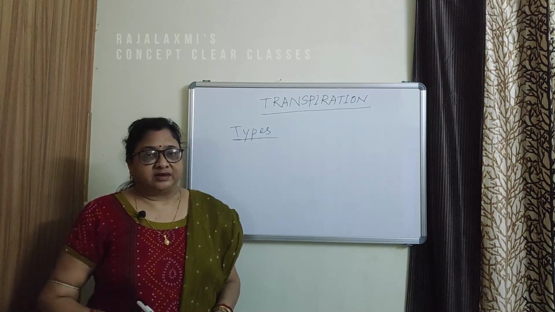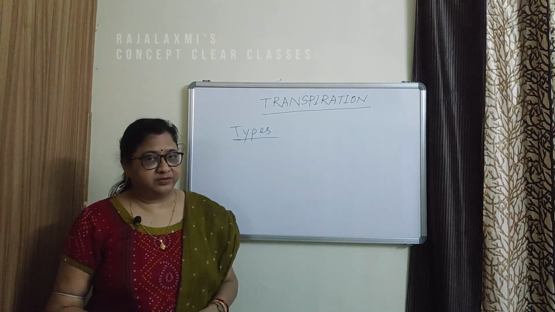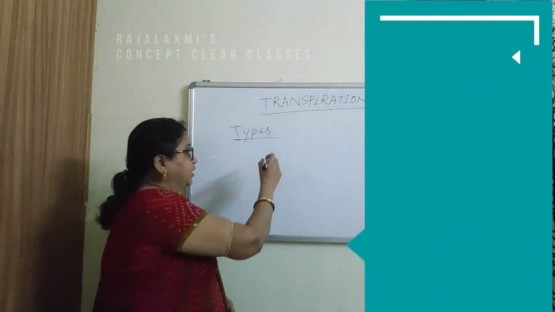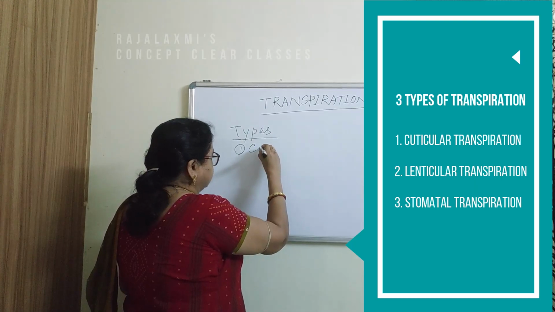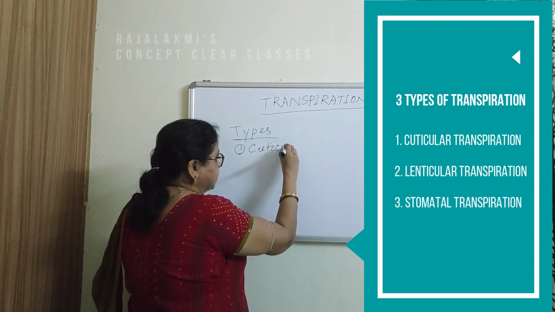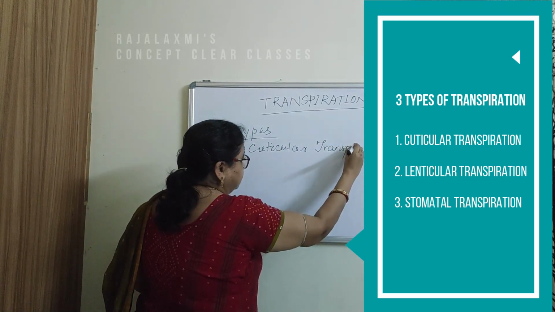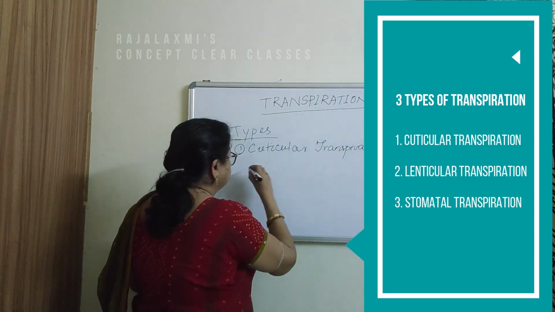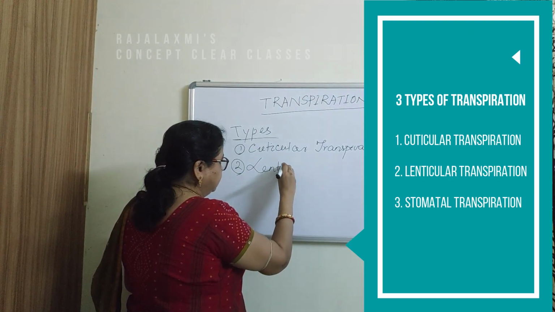Next, types. Based on the plant organ or structure involved, there are three types of transpiration. Number one is cuticular transpiration. Second is lenticular transpiration.